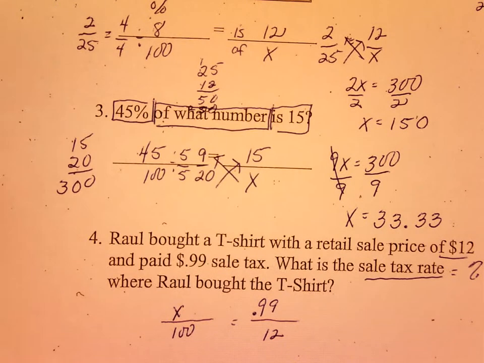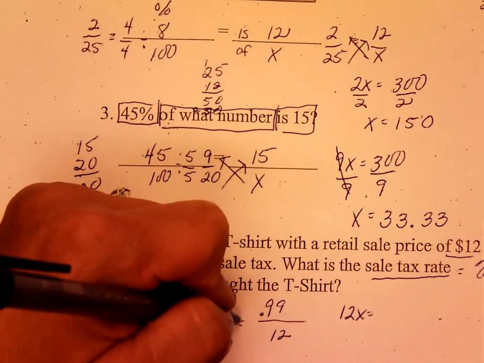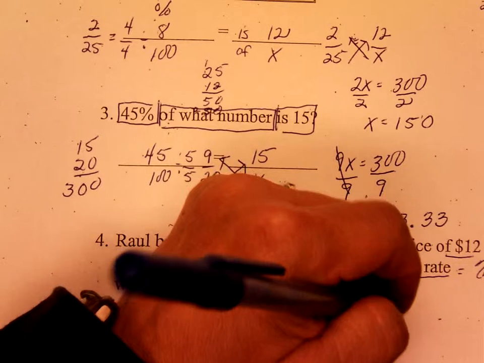Okay, cross multiply, you'll get 12x is equal to, if you multiply 100 times 99, you move the decimal over 2 places, which would be 99.